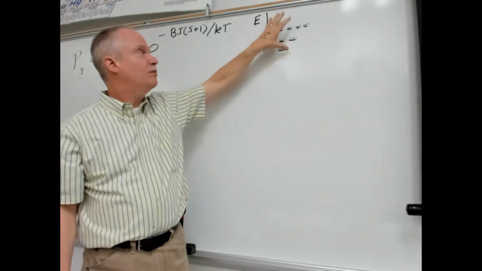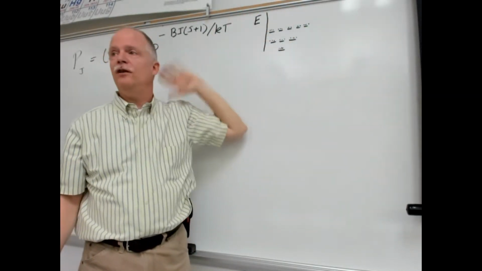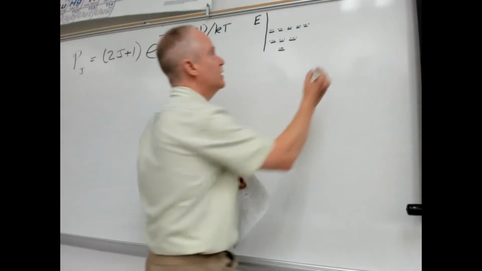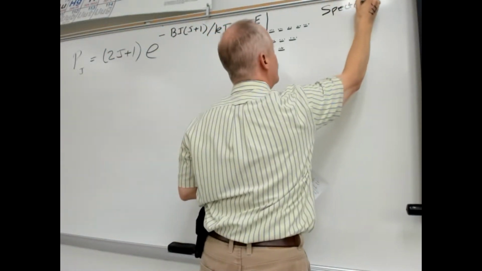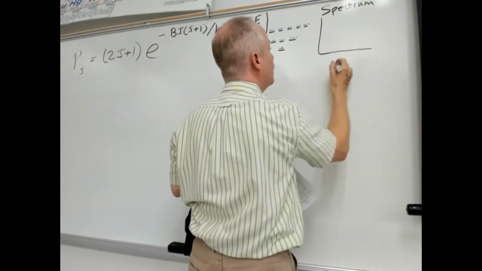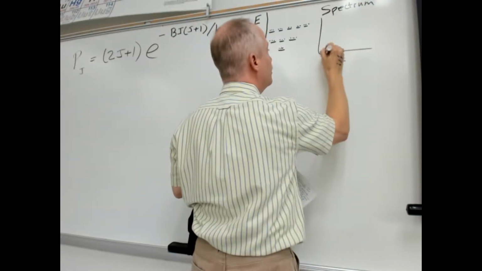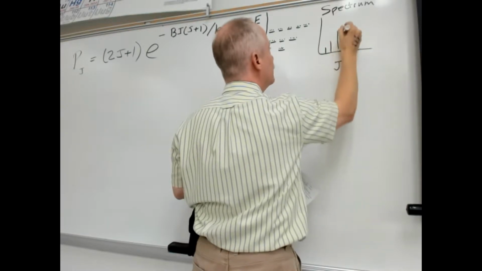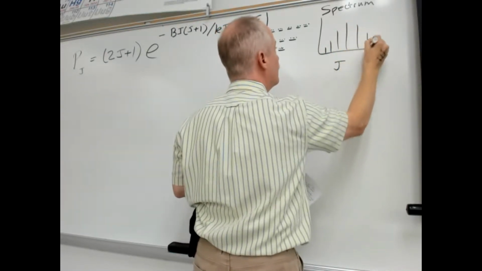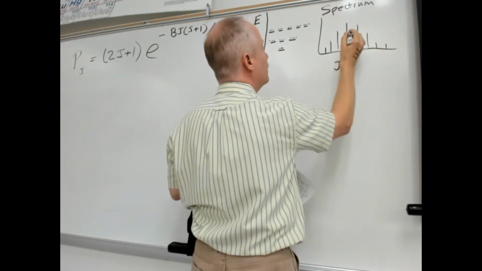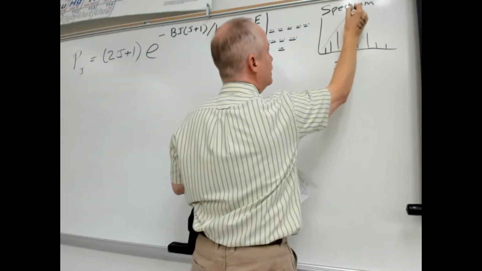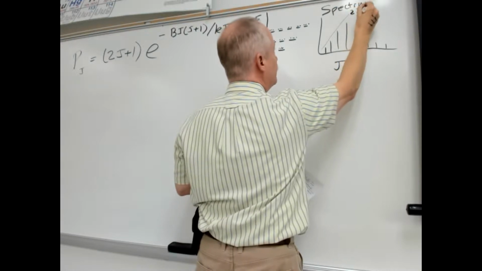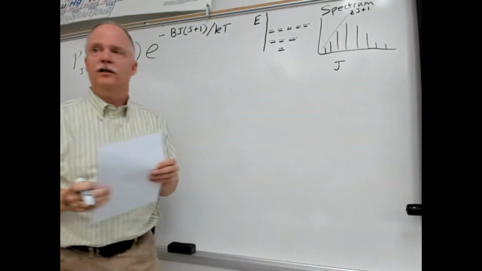And so essentially the probability of this distribution will be revealed in spectroscopy, and we'll get something like this. So a spectrum of J values will look something like this. This increase is the 2J plus 1 effect, the degeneracy effect.